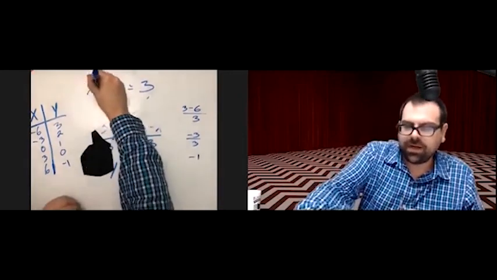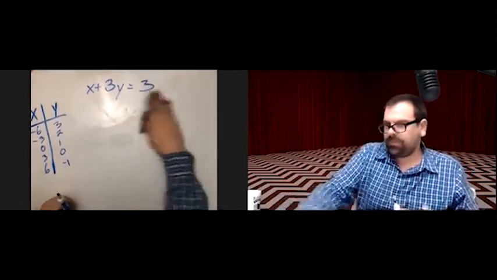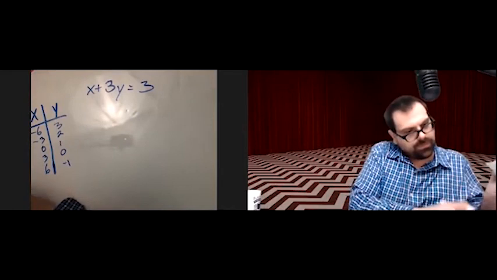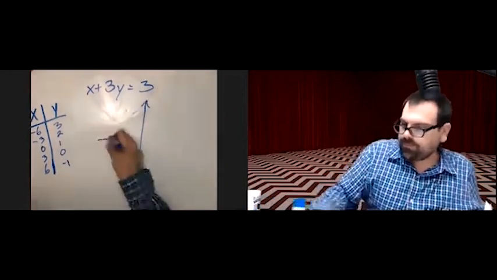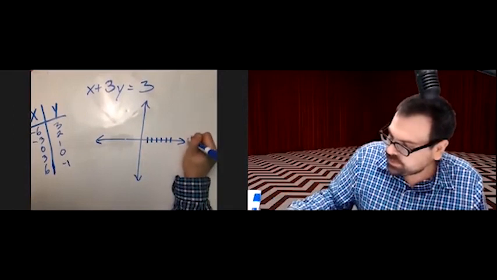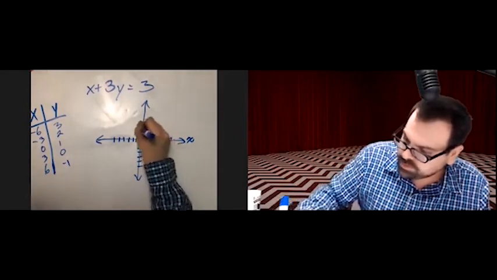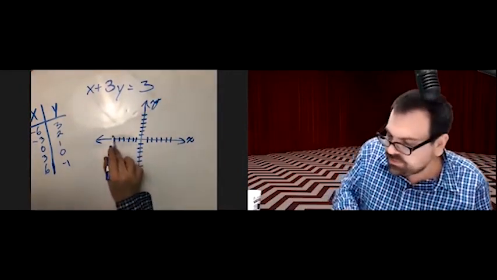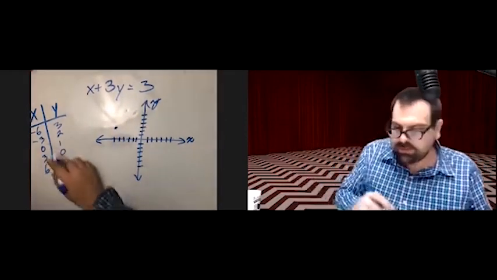So for x plus 3y equals 3, looks like -6, 3: -6 for the x, +3 goes up. -3, 2.